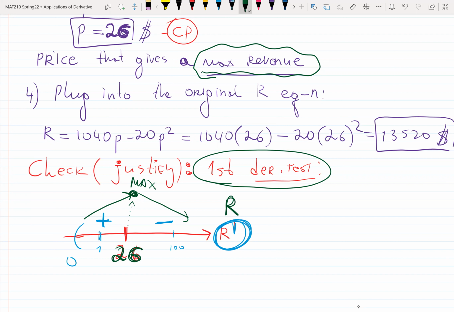Let me see. Let's practice to find more local minimum and local maximum, global minimum, global maximum. Did you see on the quiz, by the way, that I gave you an optimization problem from the review?